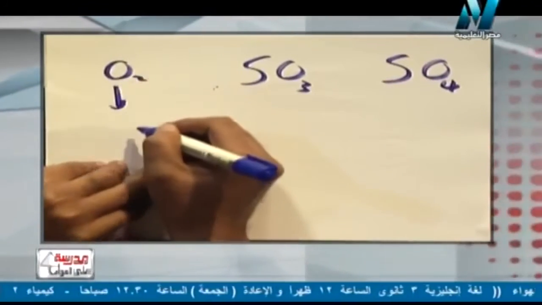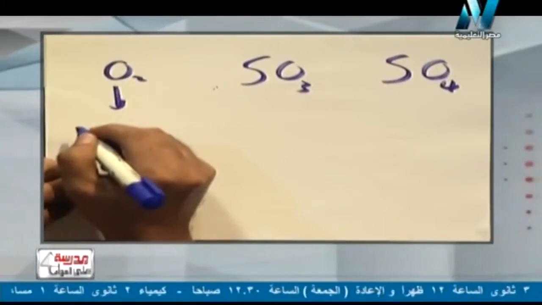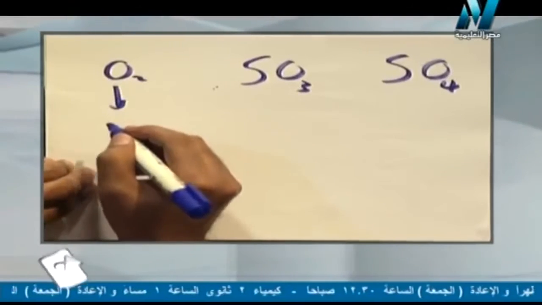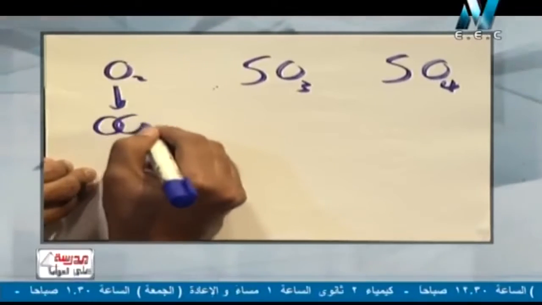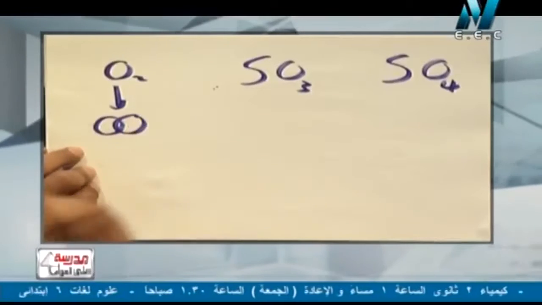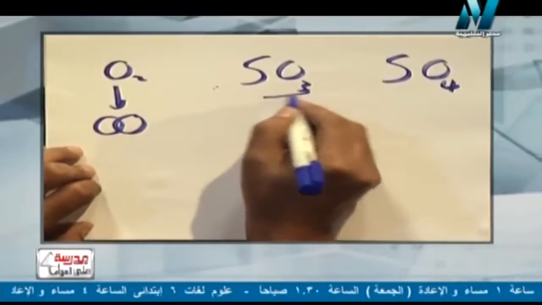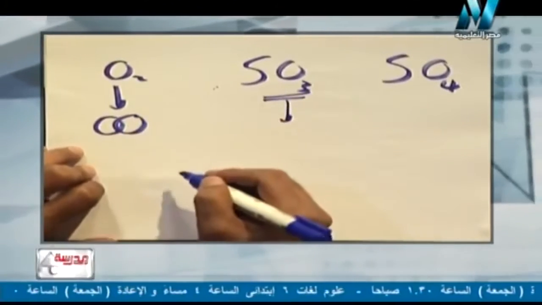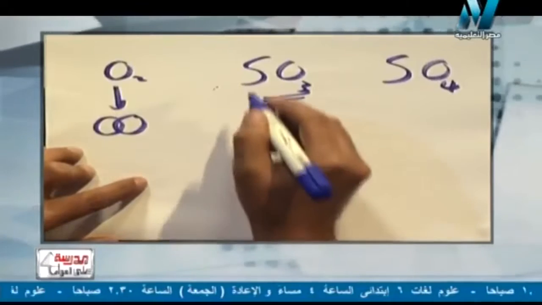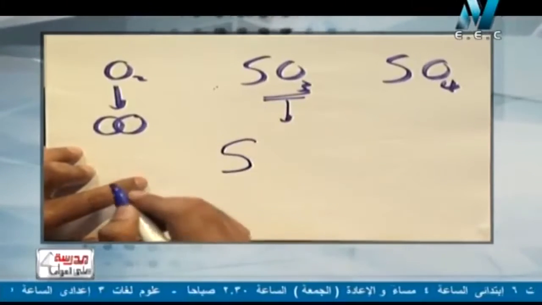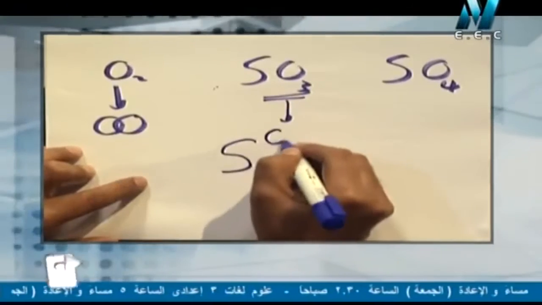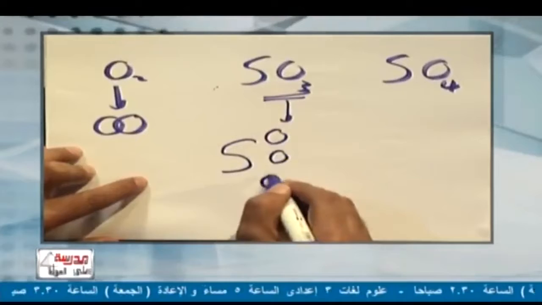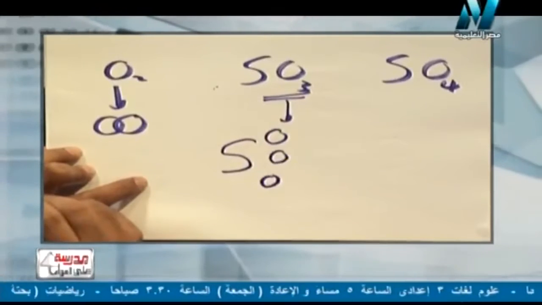O2 is an element, so it's composed of two oxygen atoms combined together. SO3 is a compound that consists of one sulfur atom combined with three oxygen atoms.